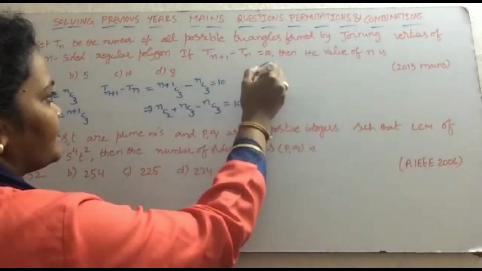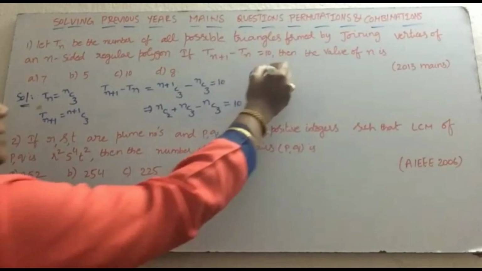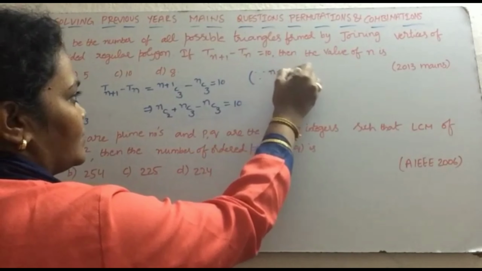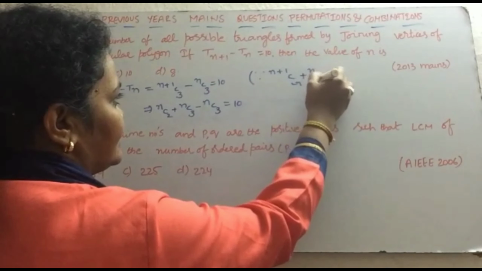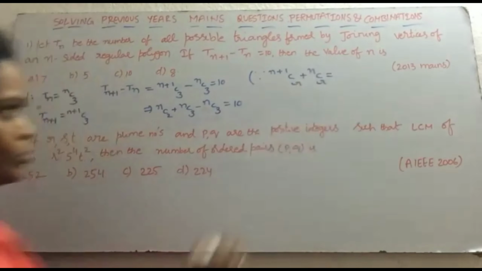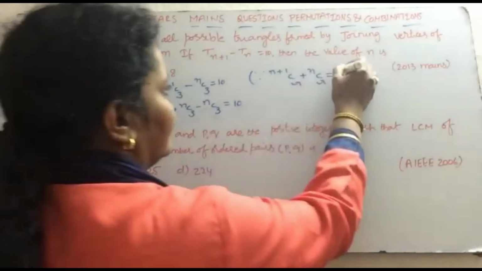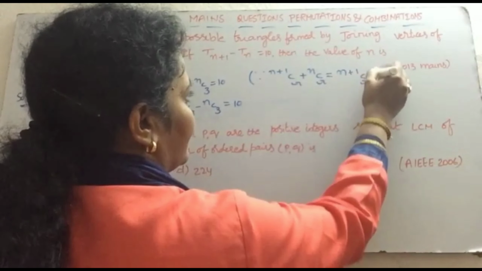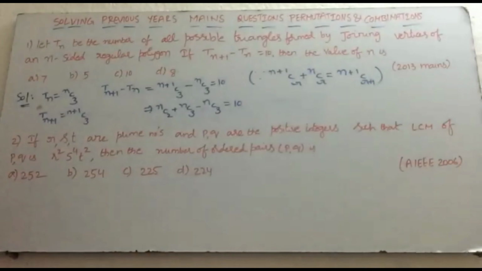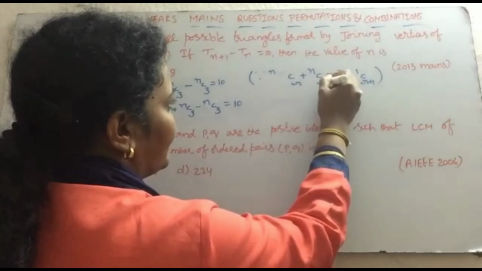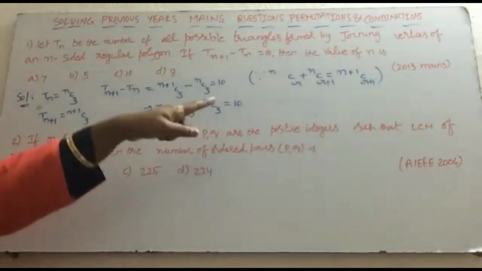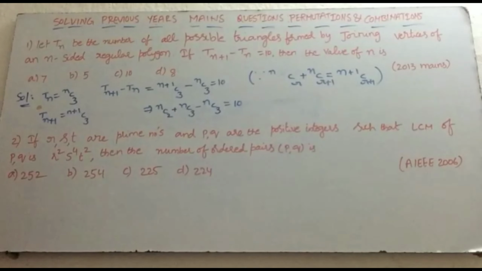Because n plus 1 C(r plus 1) equals nCr plus nC(r plus 1). That is, nCr plus nC(r plus 1) is equal to n plus 1 C(r plus 1).